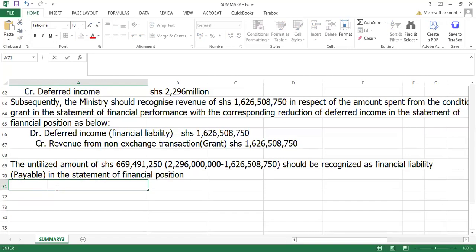Now, before you do the refund, what are you debiting? What are you crediting? First of all, you derecognize, you remove the deferred income. You debit your deferred income of shillings before you pay. Now we are switching the account.